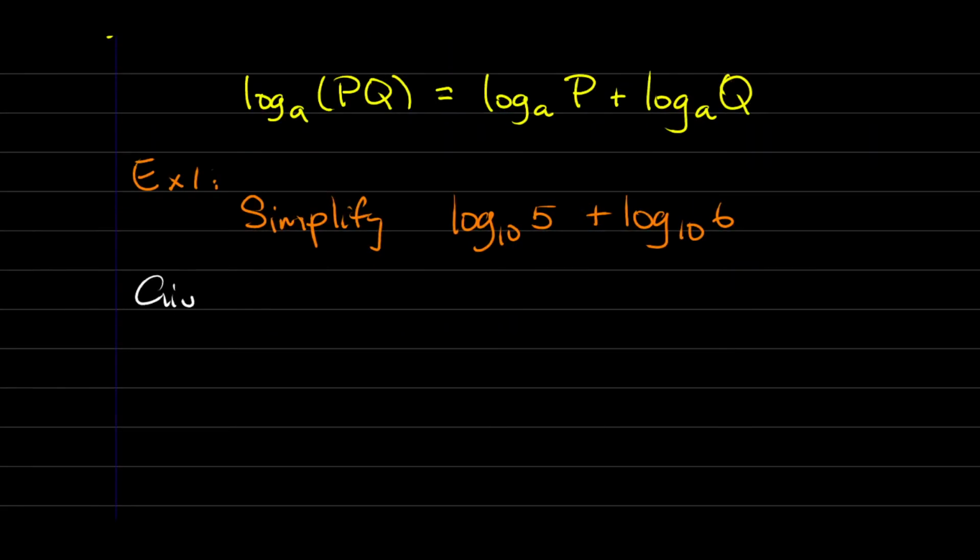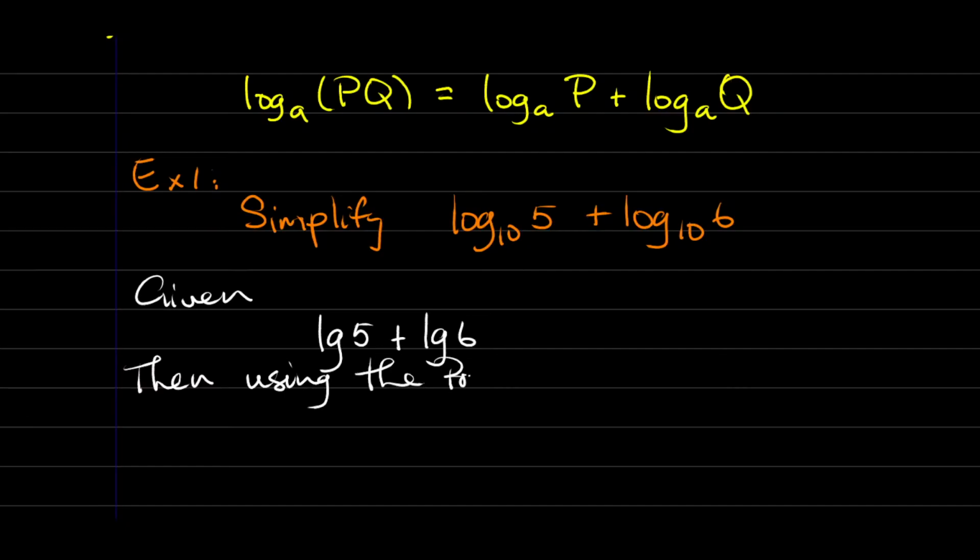So given log to the base 10. Now, most of the time when you have log to the base 10, you will get away with just writing lg like this. So log 5 plus log 6, right? So most of the time you see log to the base of 10, you can just get away with log 5 and log 6.